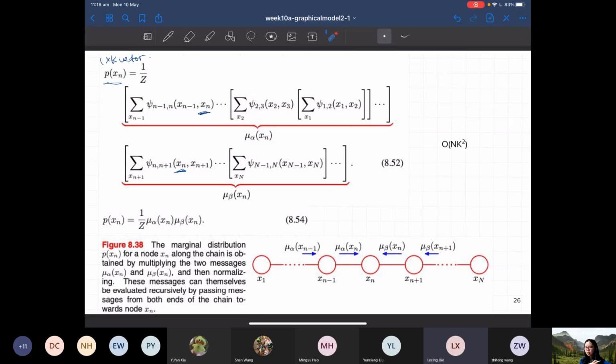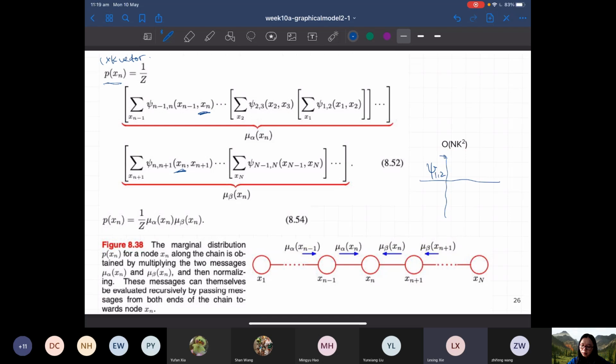And we can see that the complexity of performing each of these sums is k squared. It's not k, because what we're doing is, so these phi terms, let's say phi of 1, 2 is a table, right?